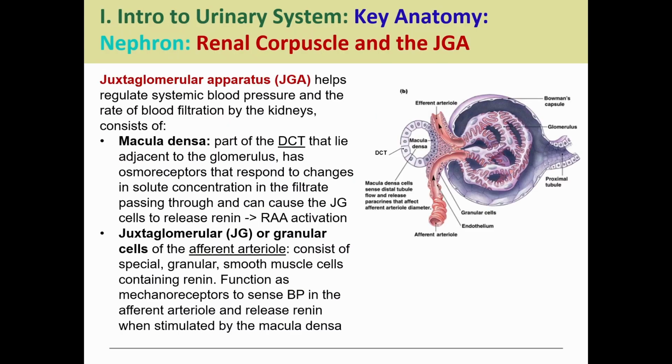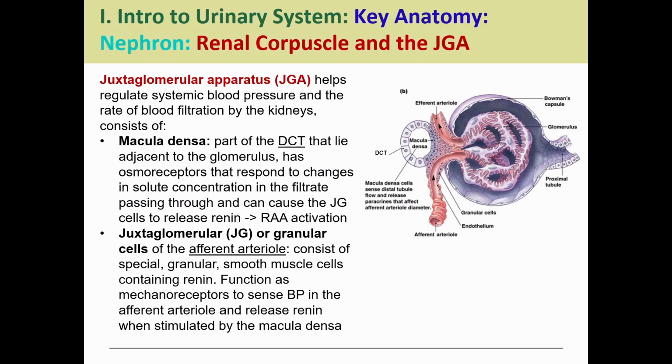If you remember, I talked about that area where the distal convoluted tubule touches between the afferent and efferent arterioles. I mentioned it's called the juxtaglomerular apparatus, or the JGA. This is going to be a special little location. We have specialized cells like the macula densa that are able to detect things like solute concentrations, and this helps us maintain things like blood pressure.